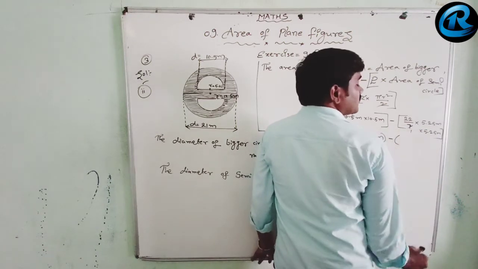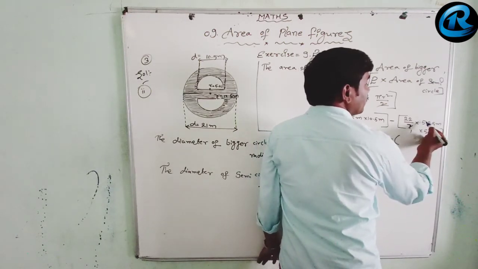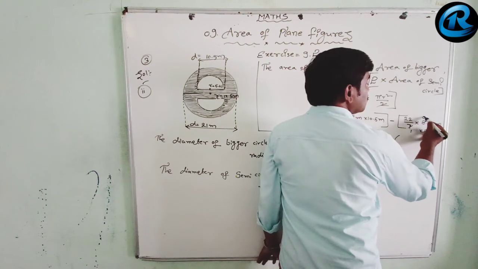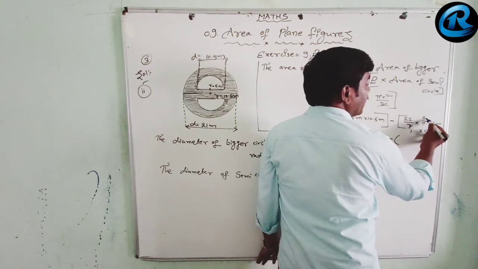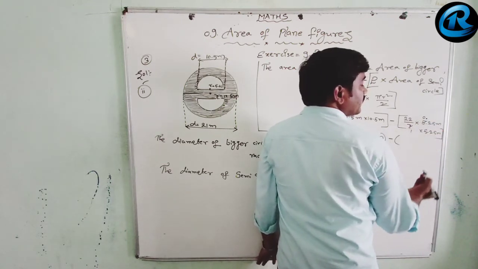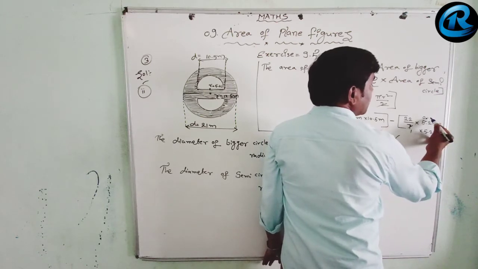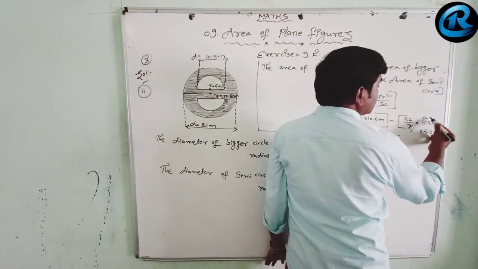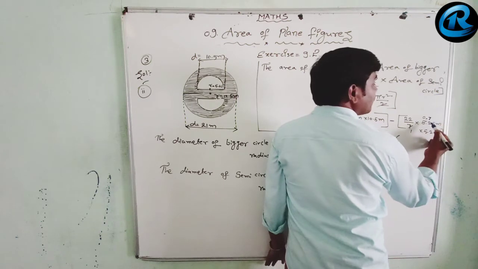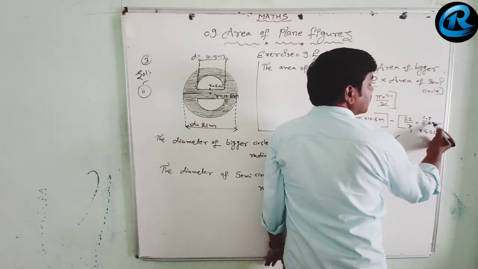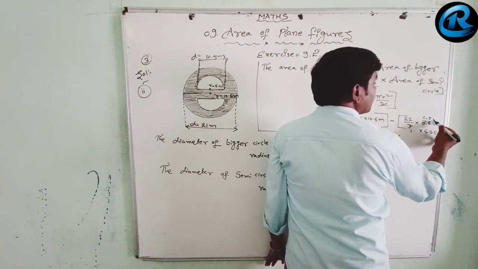Now 7 1 is 7. In 7 table 5 won't come. So 7 0 is 0. Point. It becomes 52. So 7 6 is 42. 7 7 is 49. And then you will get 3. So it becomes 35. 7 5 is 35.